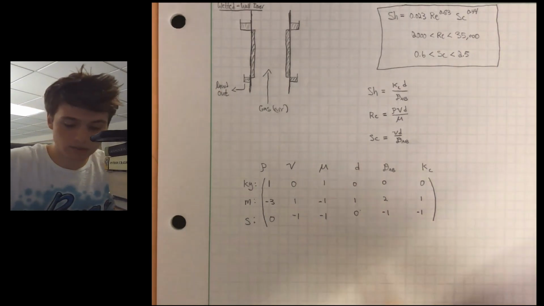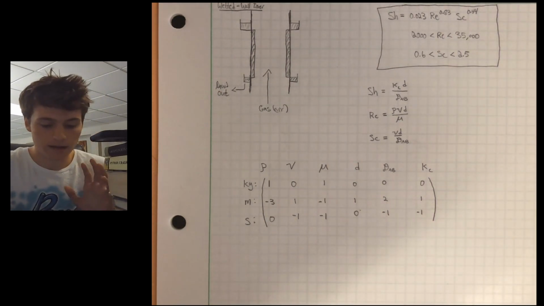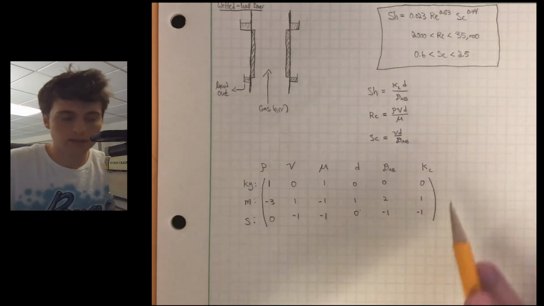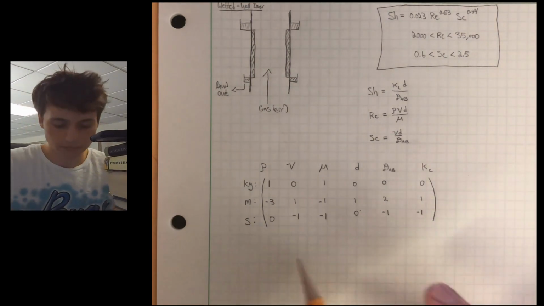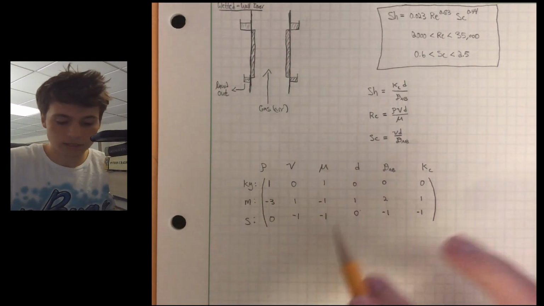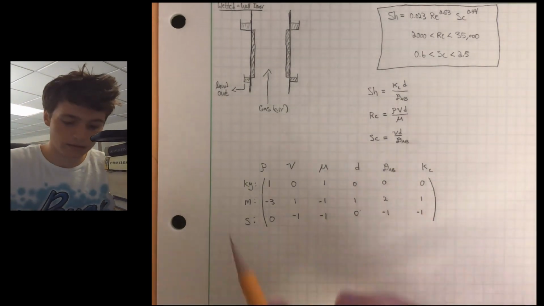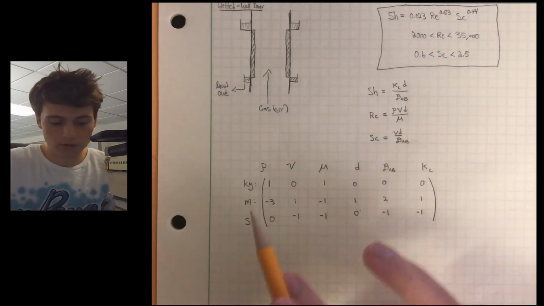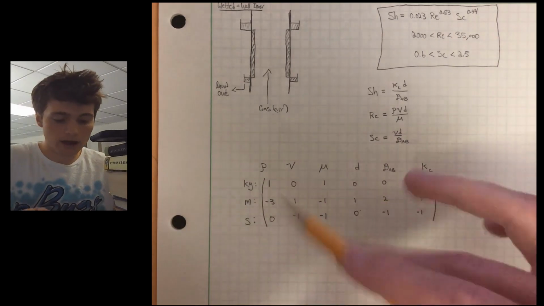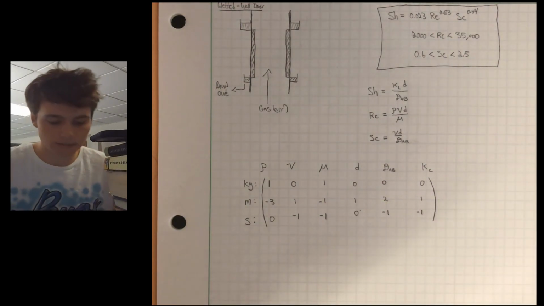The rank of this dimensional matrix is just the dimension of the column space of this matrix. So if you think of all the columns here and you take linear combinations of them, what number of column vectors do you need to be able to reach any point in that column space?